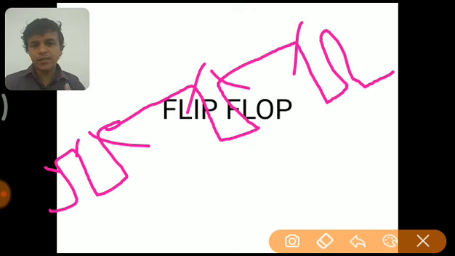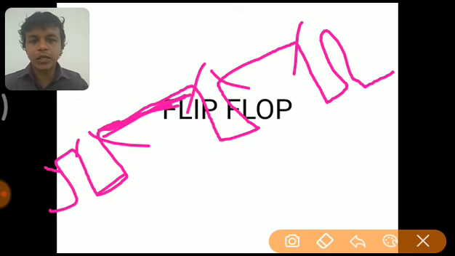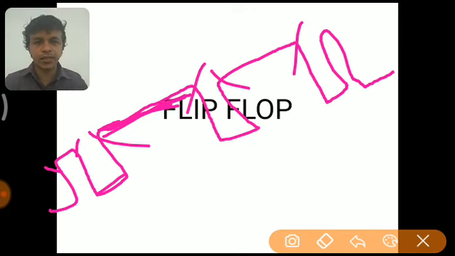So this latch is level triggered. Level means positive level or negative level. Either it can be enabled whenever the enable signal is high, or whenever the enable signal is low, depending upon the design. So this is regarding the latch.